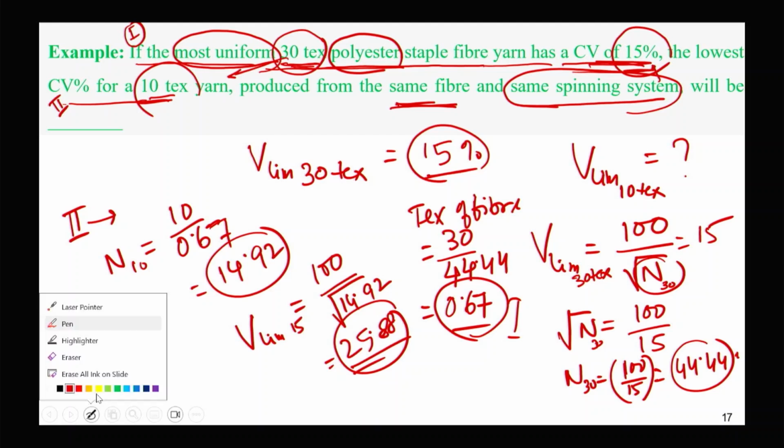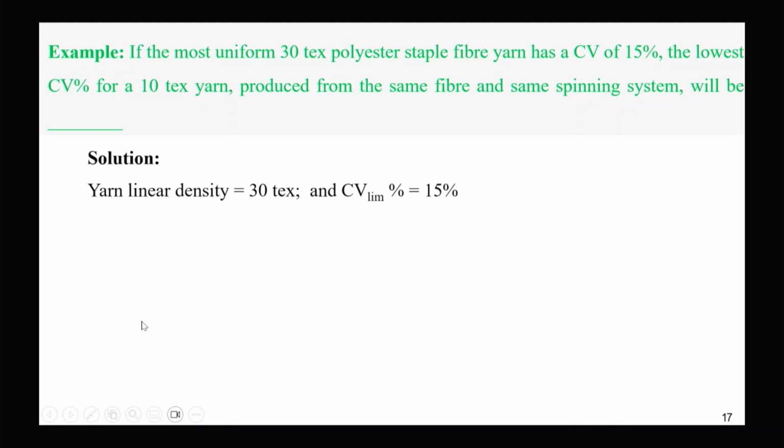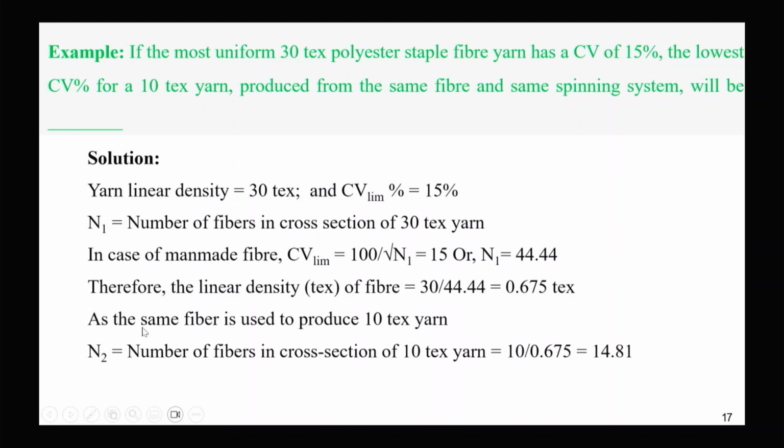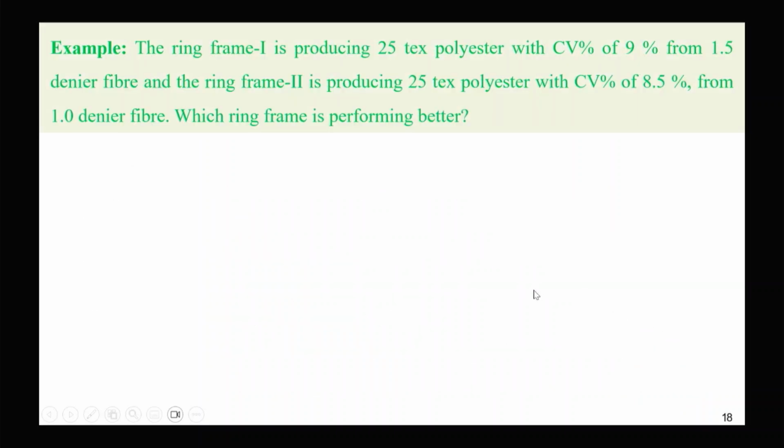This is mainly due to the number of fibers in the cross section. If we reduce the number of fibers in the cross section, then we get an uneven yarn. So this is calculated here, and we have already discussed it.